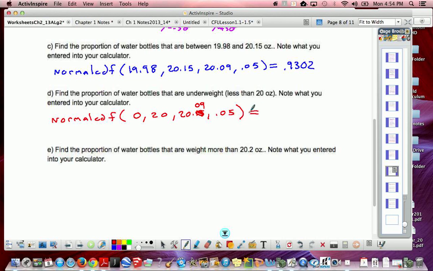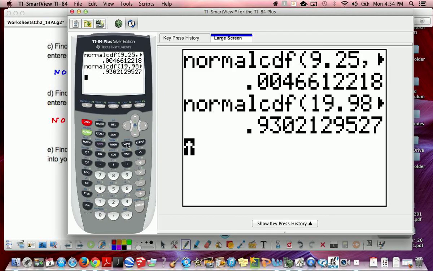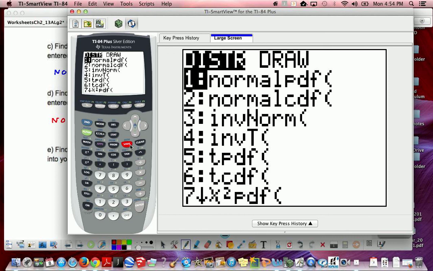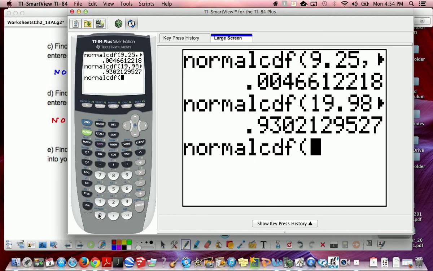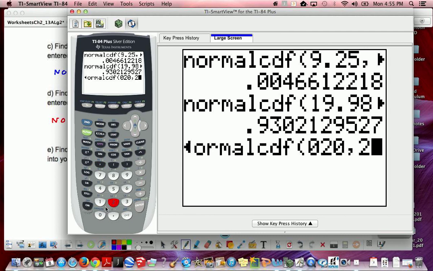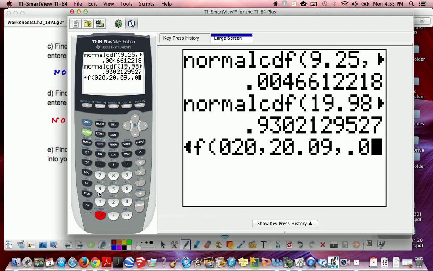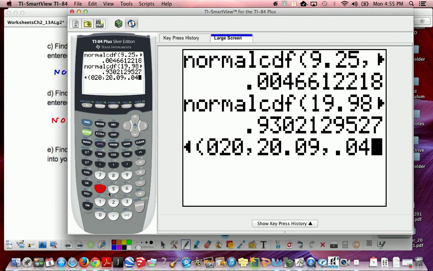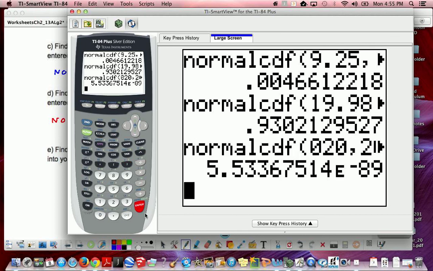So, go ahead and enter this again into our calculator. So second vars, number 2, normal CDF, 0, 20, 20.09, 0.04. Close parenthesis, and whoa, I see I must have had a little typo there.